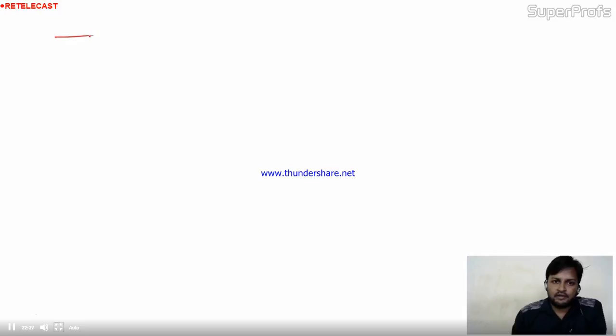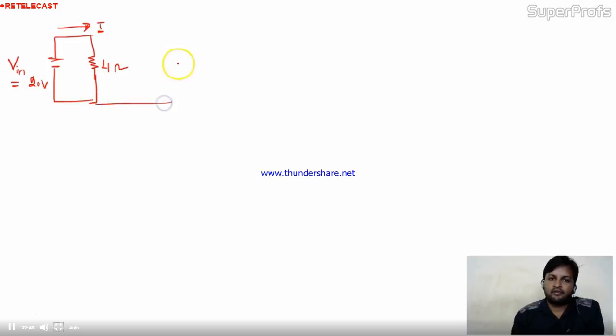In the given circuit I have a 4 ohm resistance and a battery, the input voltage V in, whose value is 20 volt. In this, current I1 is flowing. This circuit is connected further.